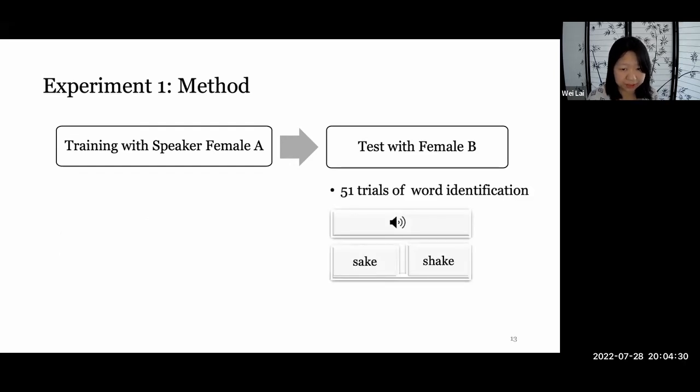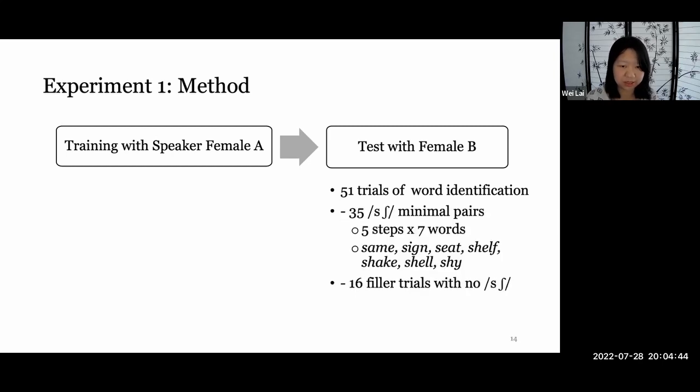And in the test phase, listeners need to do another 51 trials of spoken word identification with female B's speech. But the task becomes a little bit harder since listeners need to choose from S-SH minimal pairs such as sit and shake. Stimuli in the test phase contain 35 critical stimuli and 16 fillers.